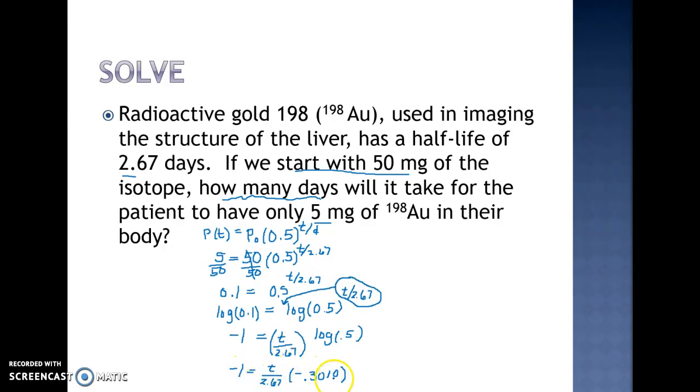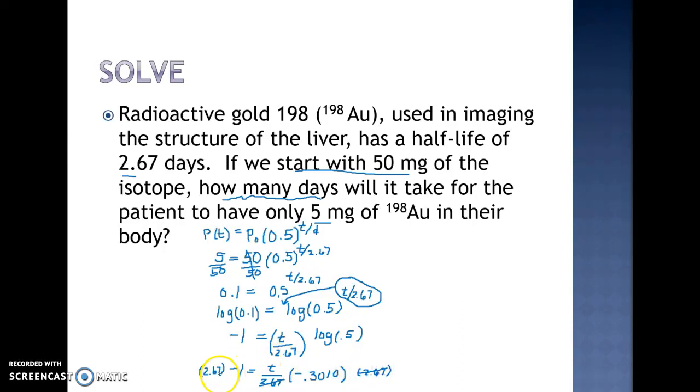In order to solve this equation, I need to get t all by itself. It has a number divided and multiplied. So I'm going to multiply on both sides times 2.67. Over here, these cancel out.